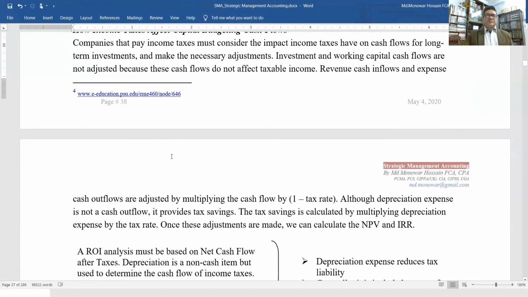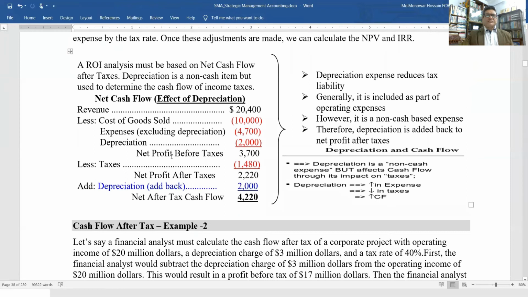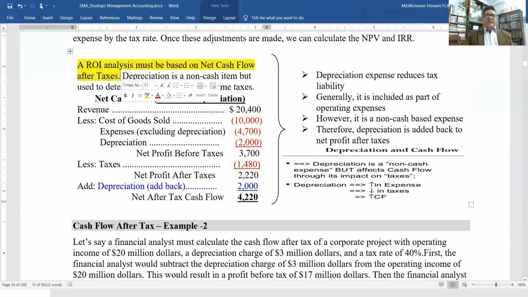So look here, return on investment analysis must be based on the net cash flow after tax. That's why it is very important for a finance person. Depreciation is a non-cash item, but it is used to determine the cash flow of income tax.